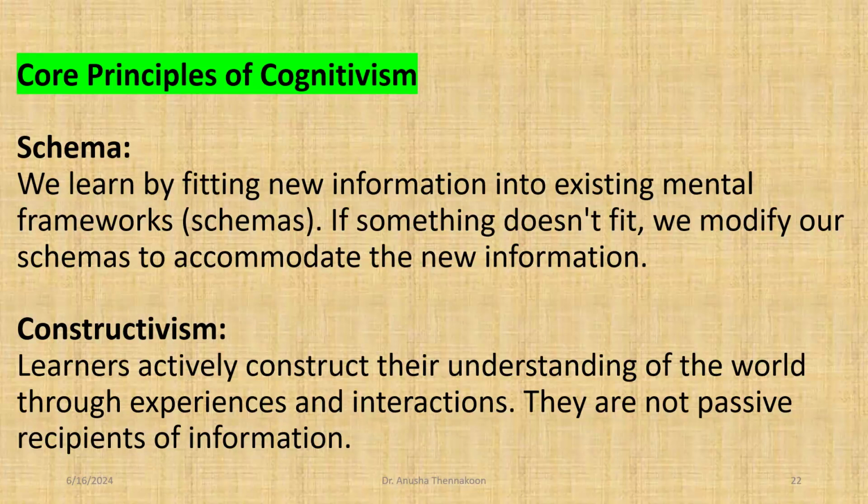And then your new information will go and deposit in the existing mental framework. The mental frameworks are called schemas. If something doesn't fit, just imagine your new information does not fit with the existing information, we modify our schemas to accommodate the new information.